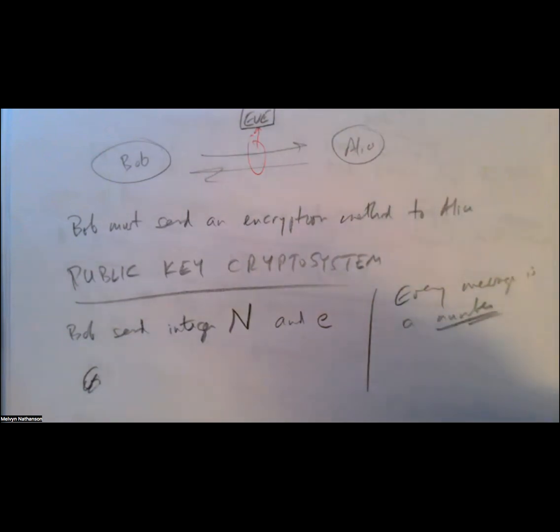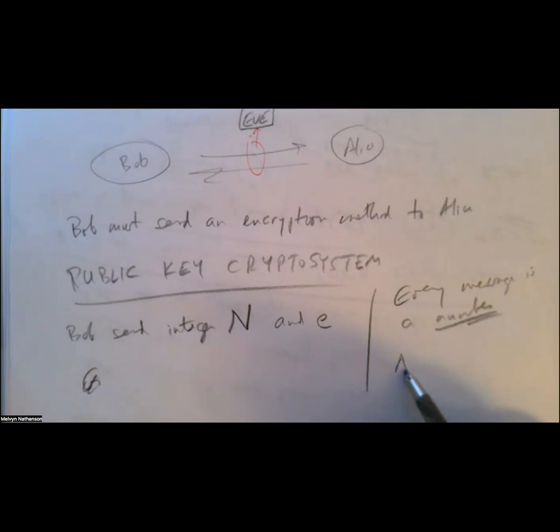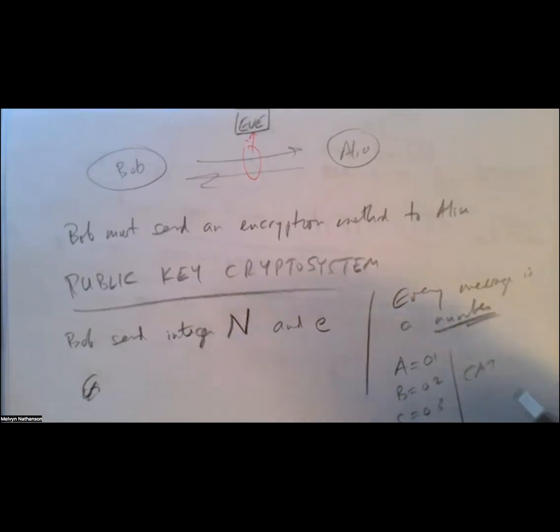You can write every word as a number. Like you can say A is 01, B is 02, C is 03, and so forth. Z is 26. There are 26 letters in the English alphabet. So if you have any word like cat, you just write it as a number. C is 03.